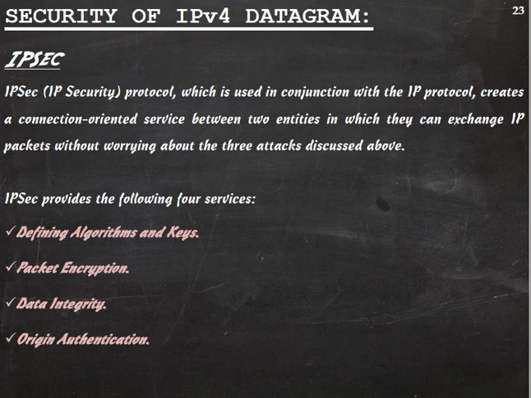So the receiver can verify whether the data has been sent by the same person from whom he is supposed to get it. So these are the four services provided by the IPsec protocol.